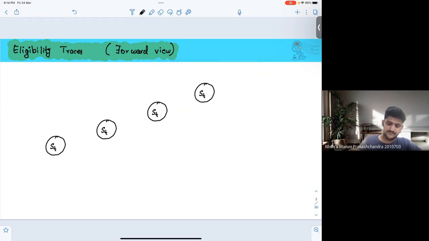And let's say this is the terminal state, which is represented by the dashed box. And this is state S_{t+1}, this is state S_{t+2}, S_{t+3}, and so on, till you reach some terminal state.